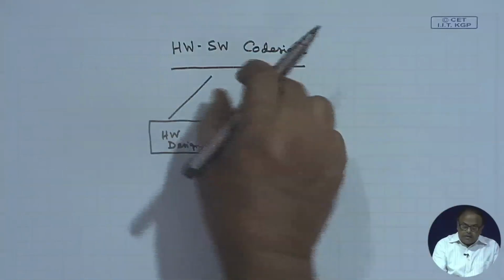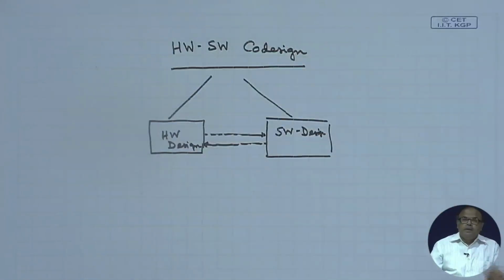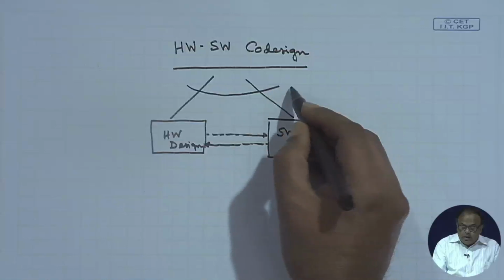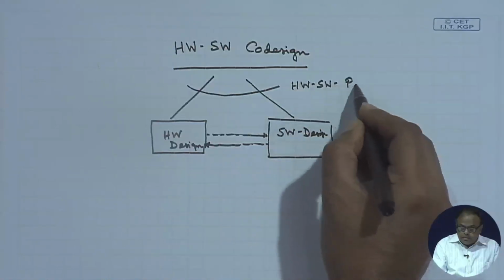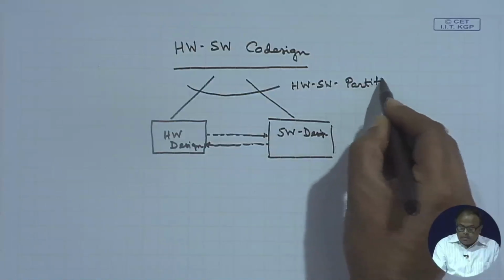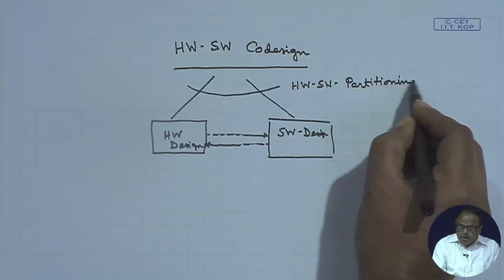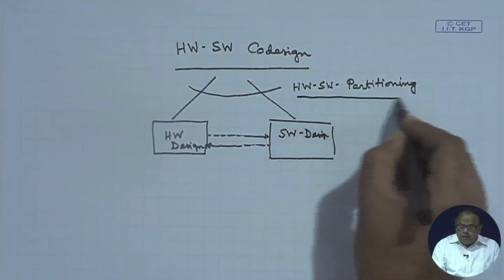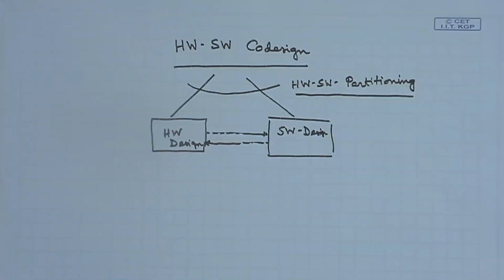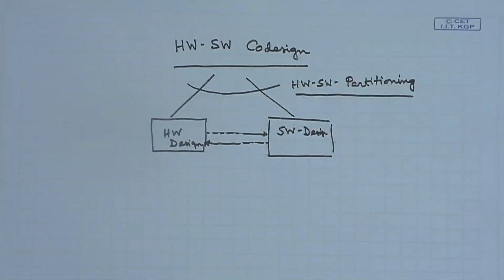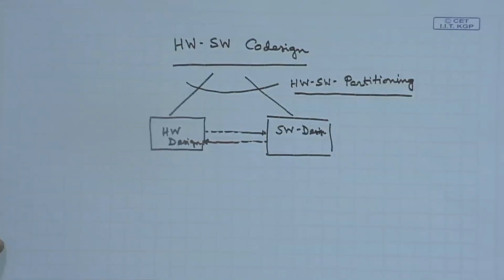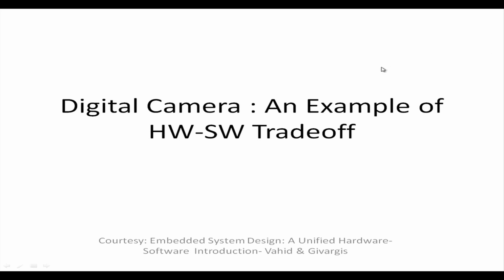And prior to that, this forking that has happened here is known as hardware software partitioning. That is, which subset of the tasks will I carry out in hardware and which parts I will carry out in software. That will be illustrated, and how that affects the performance will be illustrated in the digital camera example.